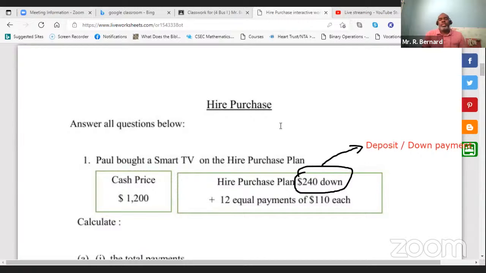Tell me in your own words what you understand from that statement: 12 equal payments of $110 each.